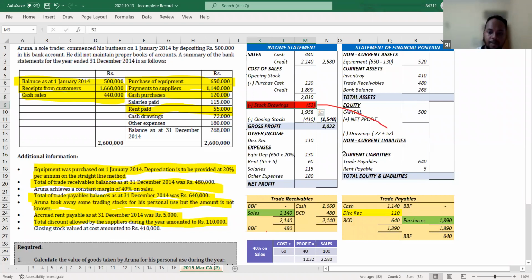Then complete the remaining question. Net profit is 657. So it comes here.